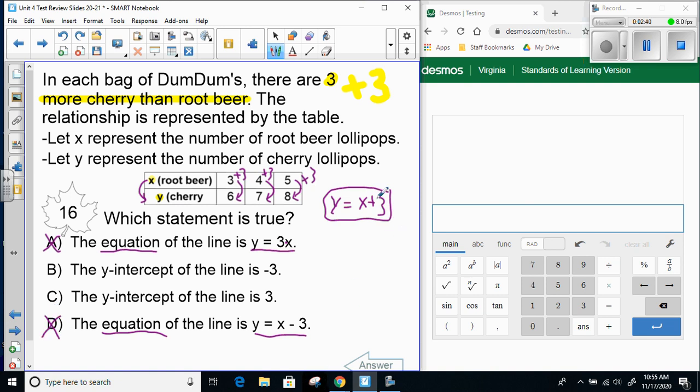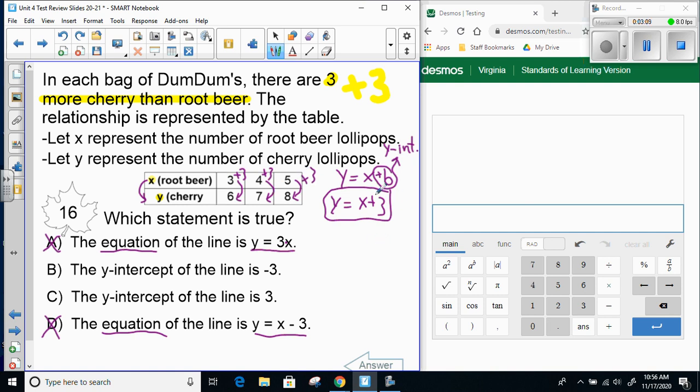We know that the equation is y equals x plus 3. When equations are written in the form of y equals x plus b, that number on the end, where plus b is written, is very special. It represents the y-intercept. You can also think of your y-intercept as like the rule from your table.